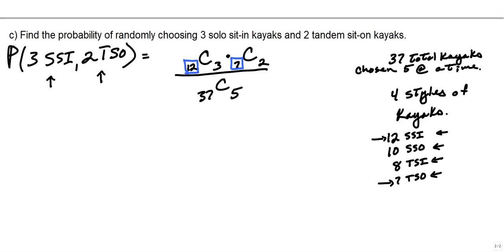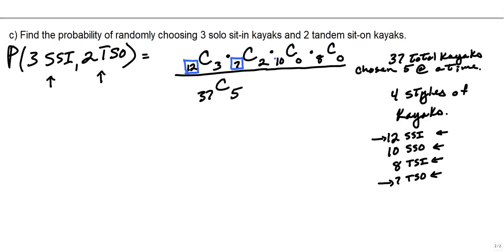But if we look at this very carefully, we know that we have 2 other styles of kayaks. We have the 10 solo sit-ons, but we don't choose any of those. And we have 8 of the tandem sit-ins, but we're not choosing any of those.